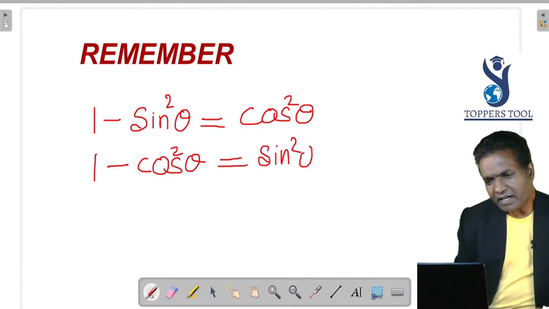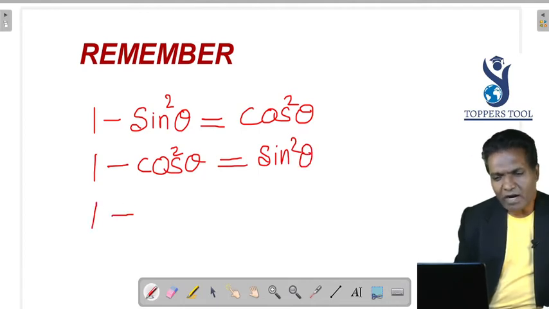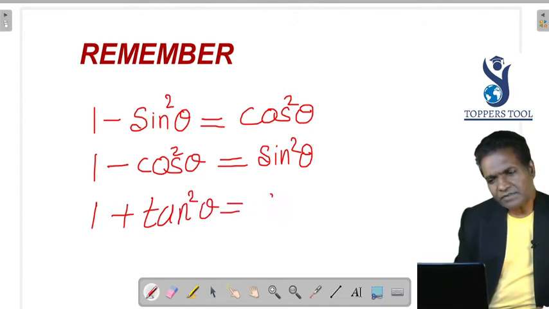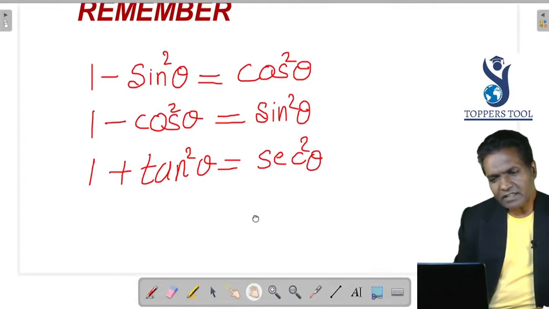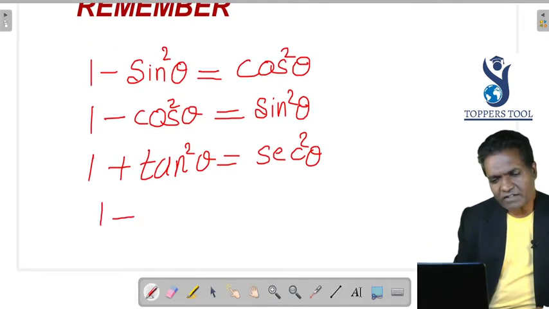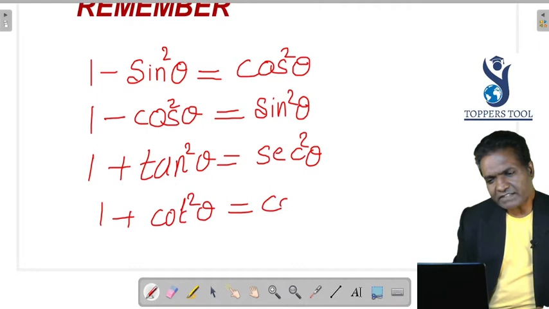Similarly, 1 plus tan square theta is secant square theta. 1 plus cot square theta is cosec square theta.